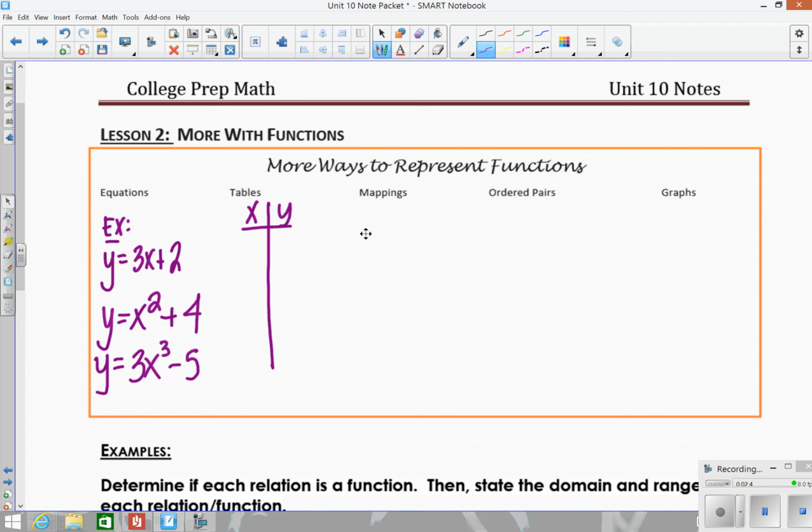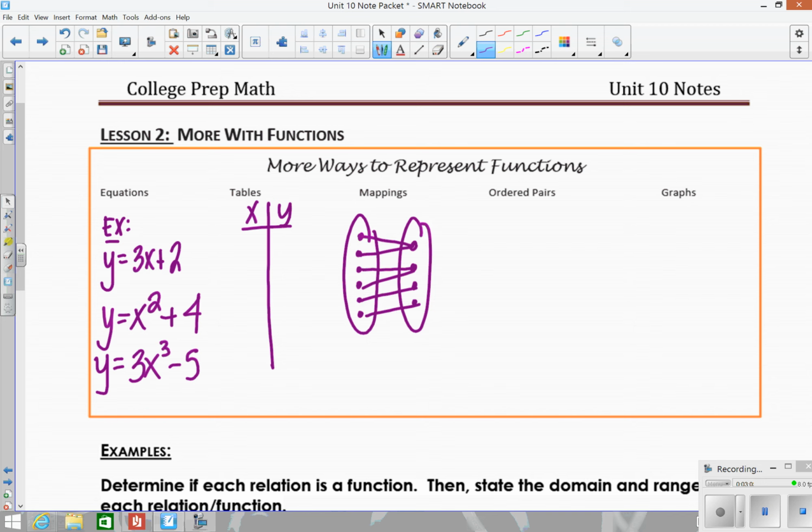The next thing is a mapping. We looked at mappings in the first lesson. Mappings mean you have one set of elements and then another set of elements, which are the output values, and you show how each of these inputs gets mapped to outputs.